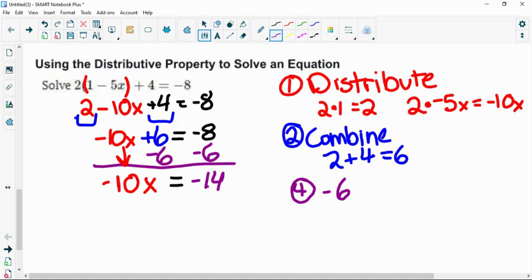And now I can finish this off. It says negative 10 times x. So our final step will be to divide by the negative 10.